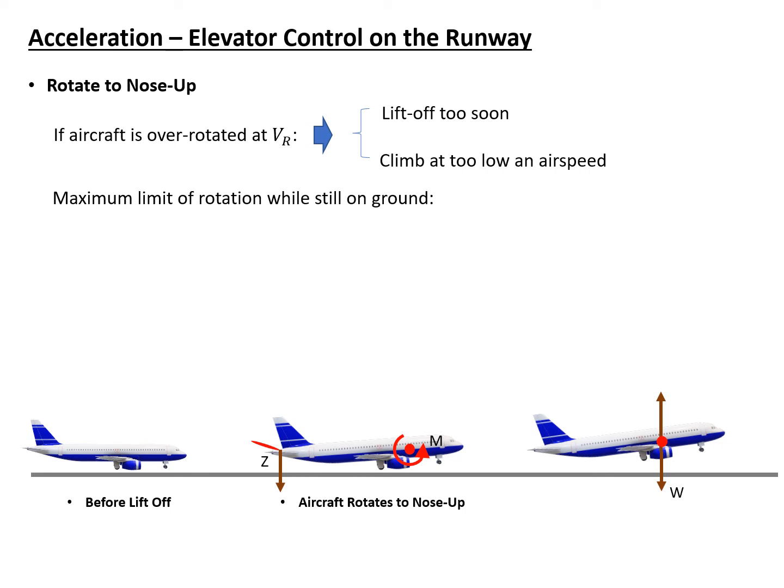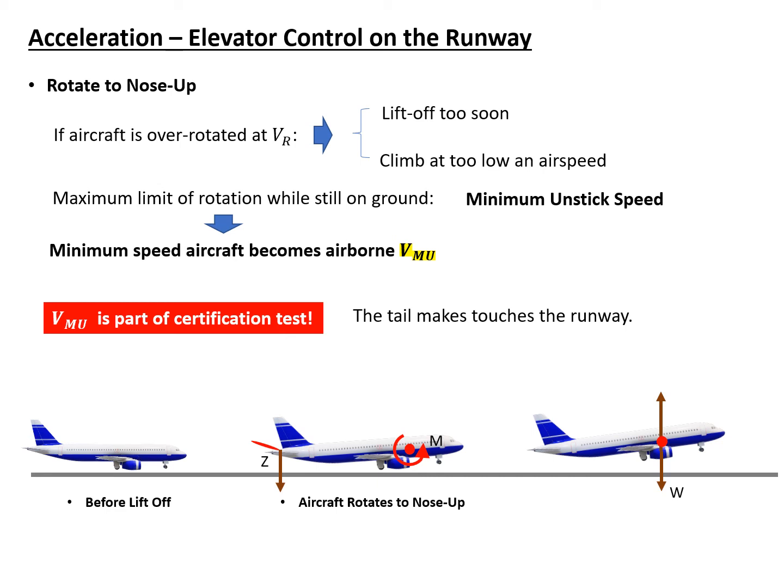So there should be a maximum limit of the rotation while the aircraft is still on the ground, and this gives rise to the minimum speed at which the aircraft becomes airborne, and there is a speed associated with this maximum limit of rotation. We call it VMU, and it's essentially the minimum unstick speed. The test of VMU is part of the certification test, and you can imagine if the aircraft is over-rotated, one consequence is the tail touches the runway.